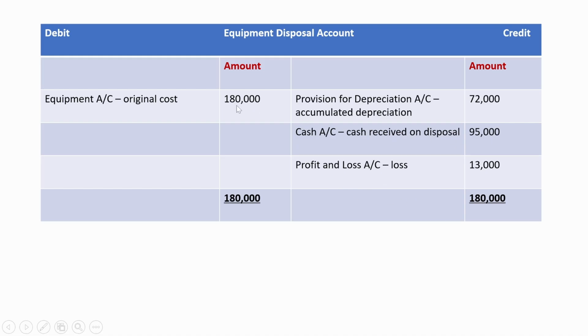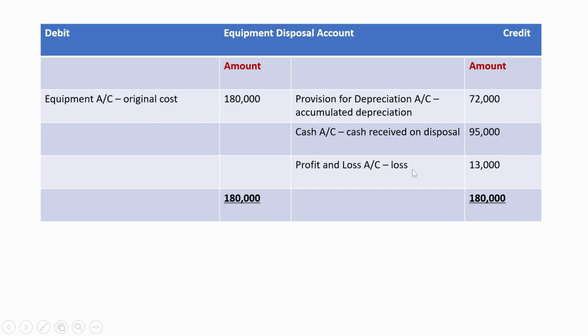So look at the cost, 180, compare it with the amounts you have on the credit side, 72 plus 95. So which one is more? The cost is more. 180 is higher than 72 plus 95. So that makes the balancing figure a loss.